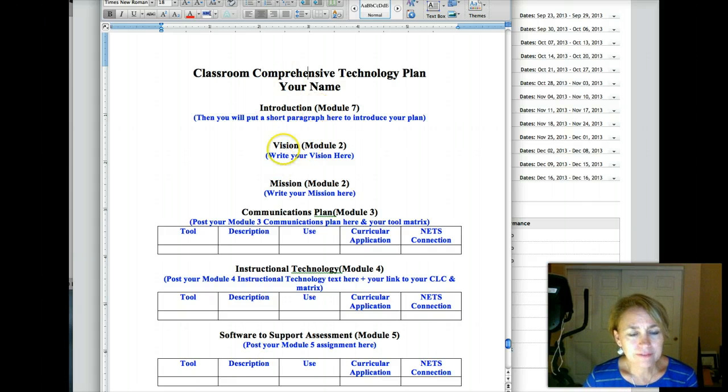The first piece that we'll work on, in 2 weeks, is the mission and the vision, and that's here and here. There'll be an assignment about it, there'll be things you have to do and write, and then when you write it, it's going to go on here. The third one is the classroom communications plan.